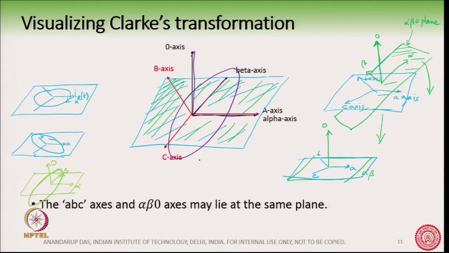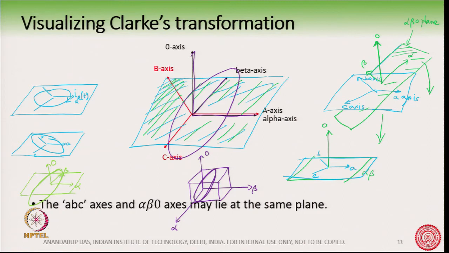You can imagine something like a box, with the alpha, the beta and the 0, and one space vector is rotating inside this box, in 3 dimensions.